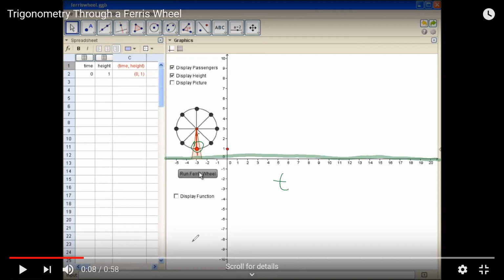And then the vertical axis is going to be the heights, so that'd be the values for h. And if you watch this little red dot right here, it's going to trace out as time passes, moving this way. It's going to trace out the heights on the vertical axis. So watch that as it goes.